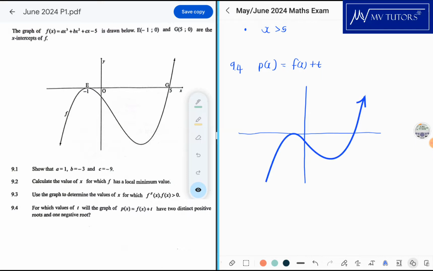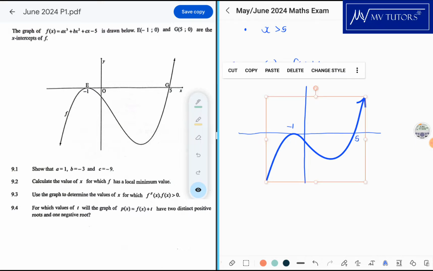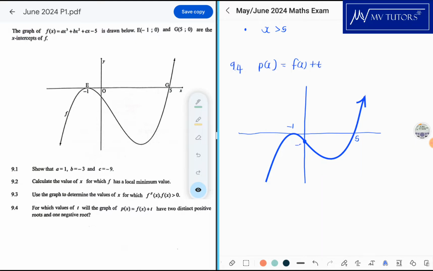Okay, so that is my function. Currently, I have 1 negative root and 1 positive root. Okay, that negative root there is -1, positive root there is 5. If I take this function, by the way, this intercept here is -5.